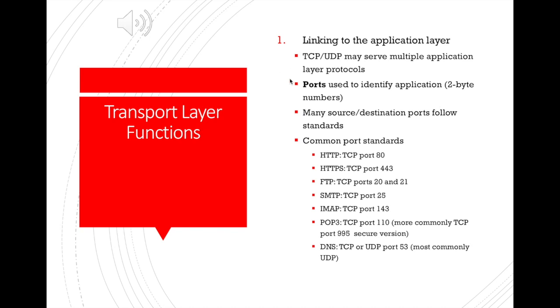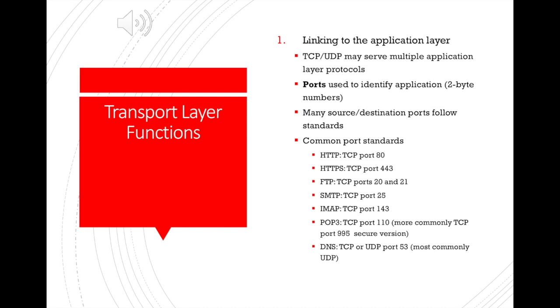Now we'll discuss linking to the application layer. The TCP and UDP protocols may serve multiple application layer protocols. So what does that mean? TCP is always going to be the underlying layer, as we've shown in our Wireshark trace and in other traces as well. What that means is the TCP and UDP protocols work with IP addresses and port information to transport information.